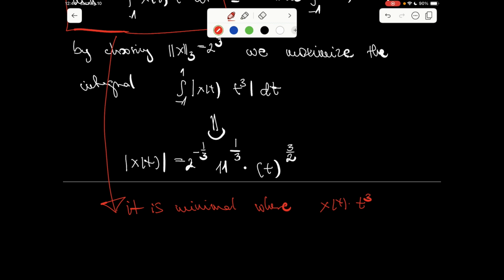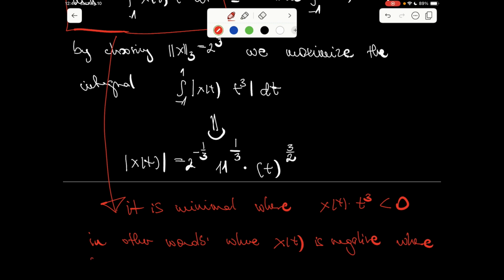So, in other words, where xt, the function xt, is negative, where t is positive.